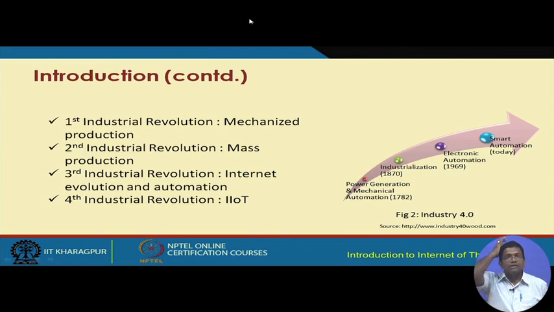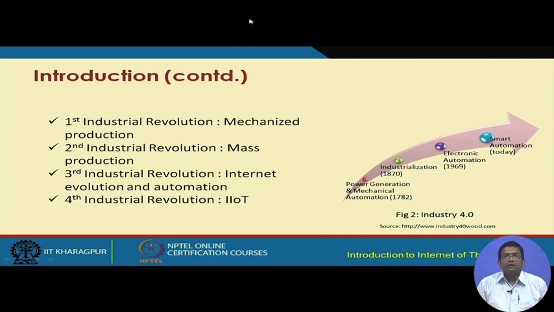So, let us try to understand the evolution of IIoT. The first industrial revolution happened with mechanized production. Then came mass production, which is the second industrial revolution.